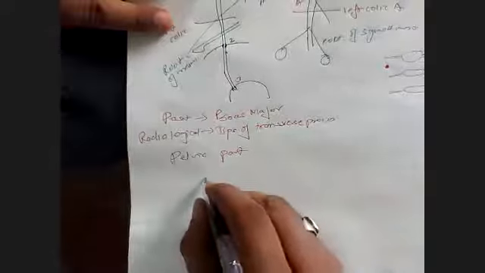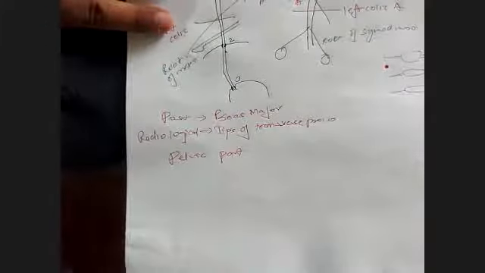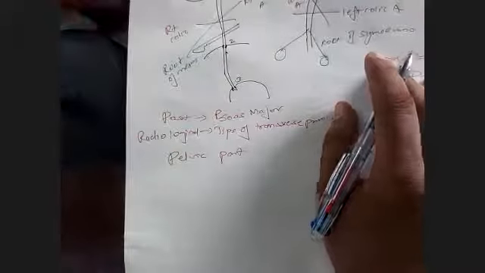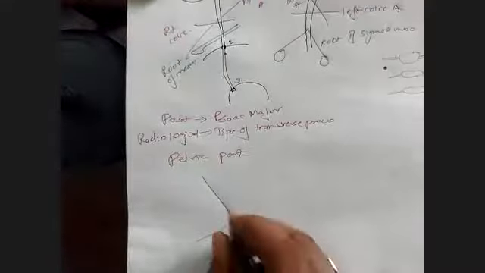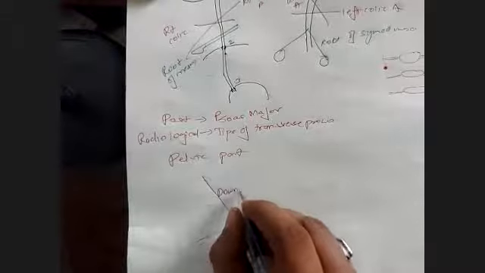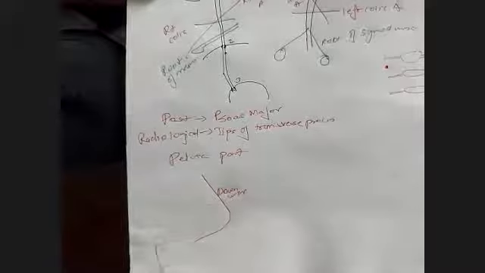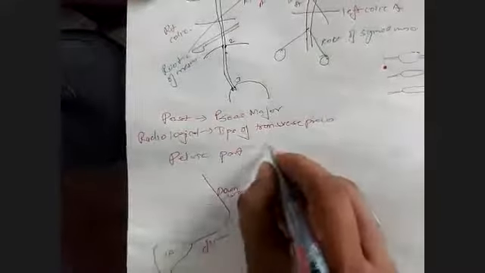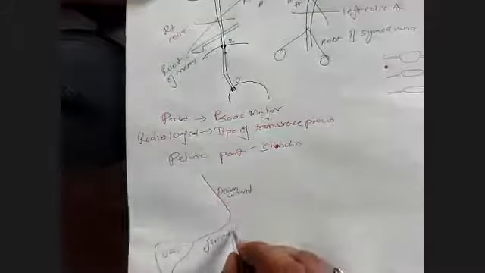If you look from the side, the ureter goes like this, downward and then forward into the urinary bladder. So the pelvic part is also 5 inches, and that is further divided into a downward course and a forward course.